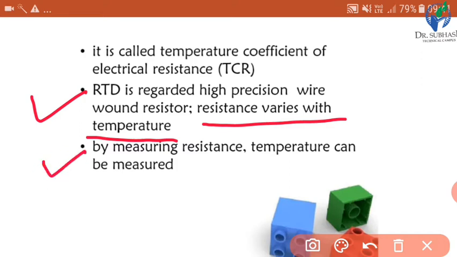We can easily measure the resistance, and so we can easily measure the temperature.